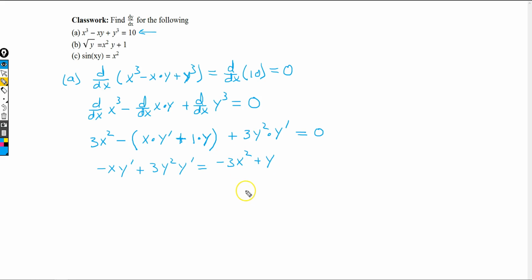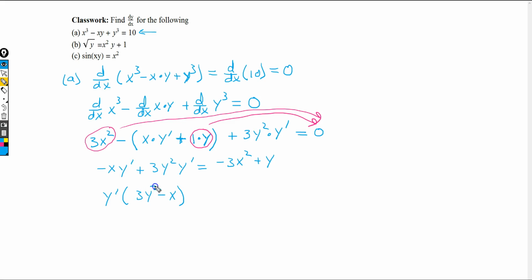alright, so we have that. Notice we moved these terms over. We moved this term and this term over to the other side. So that's where these are coming from. Now we'll factor out a y prime here and divide what's remaining to the other side. So when we factor out a y prime, I'll write it like this.